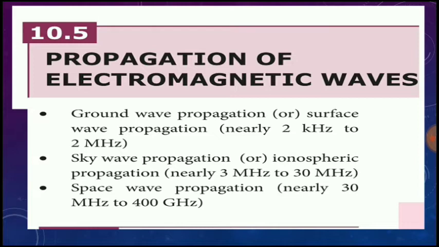Sky wave or ionosphere propagation is nearly 3 megahertz to 30 megahertz. The last one, space wave propagation, has a frequency range of 30 megahertz to 400 gigahertz. Any one propagation will come under a 3 mark question.